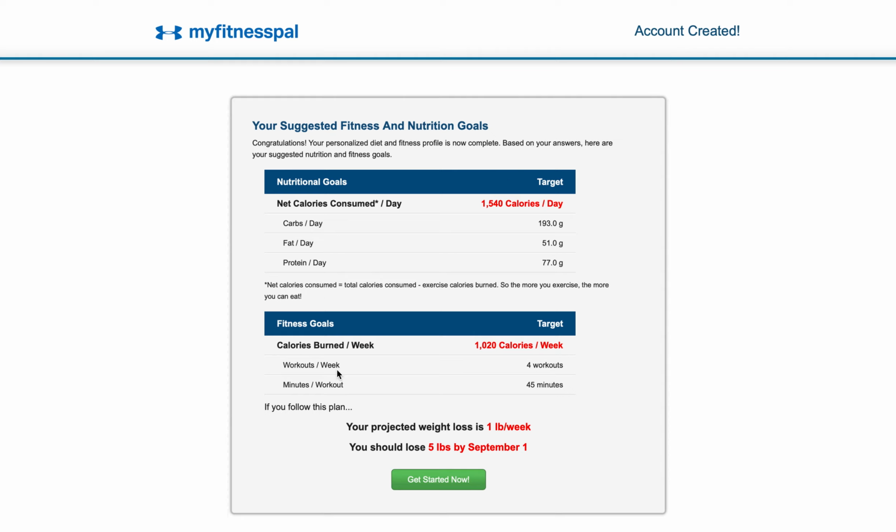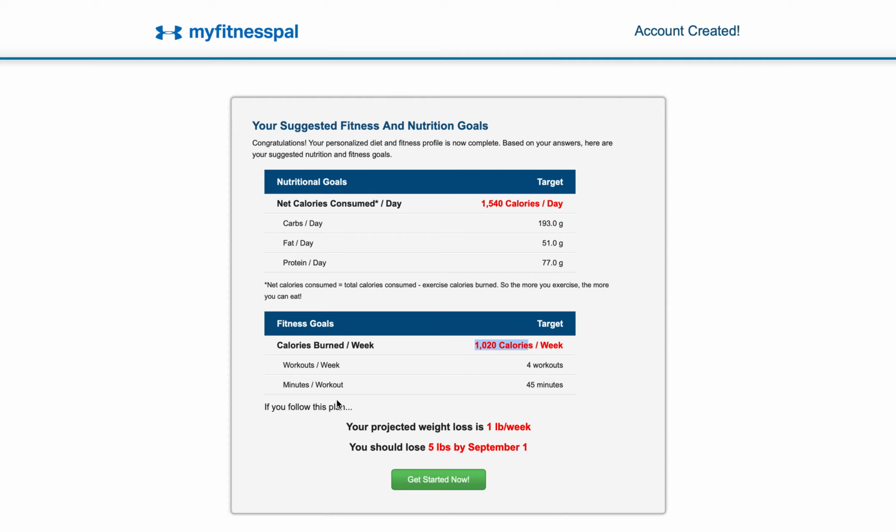if I follow this plan, so here they're saying, I said I wanted to work 4 workouts per week of roughly 45 minutes. So what they did was, and I don't exactly know how they did this, but they decided that 4 workouts a week at 45 minutes per workout will lead me to burning about 1,000 calories a week.